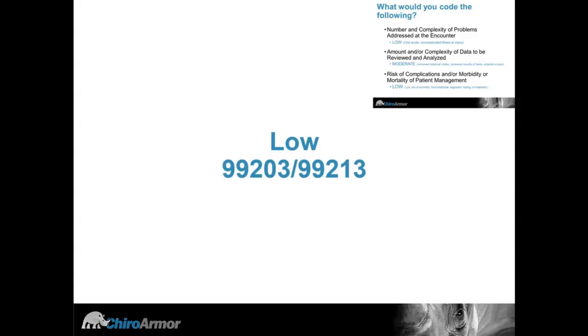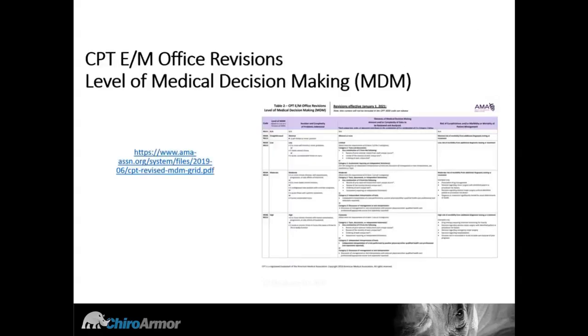And so we would code this a 99203, or if it was on a progress eval that we went through the same thing and we re-examined an established patient, it'd be a 99213. And so that's how we go about understanding making those medical decisions and to what level and how we arrive at a code.